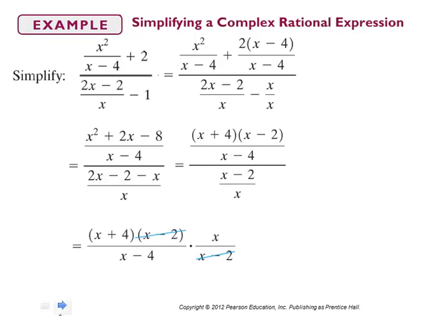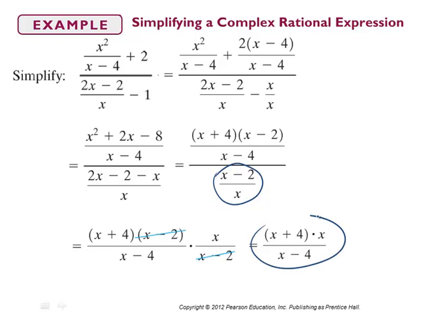We took the top fraction multiplied by the reciprocal of this bottom fraction that you see here. We flipped it upside down, multiplied, canceling a common factor of x minus 2, leaving us with x times x plus 4 over x minus 4. And we could leave it in that simplified factored form.